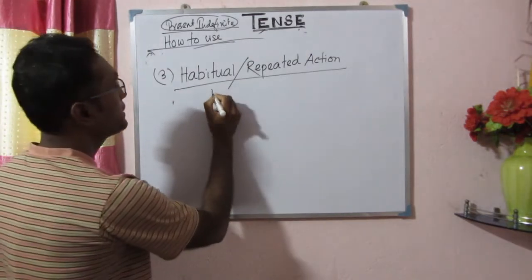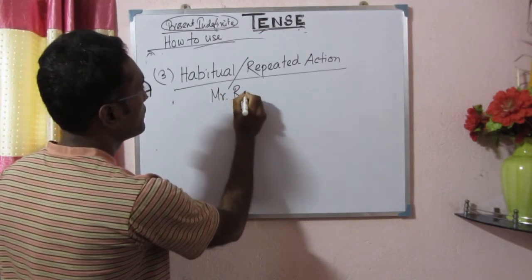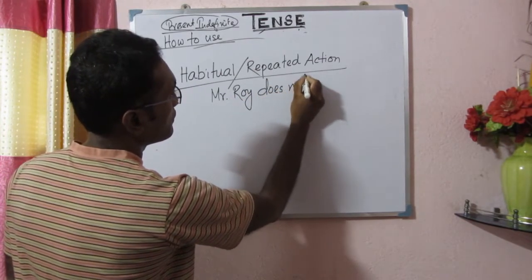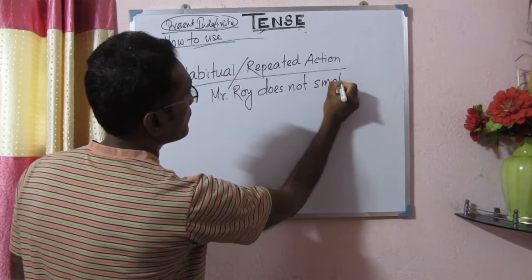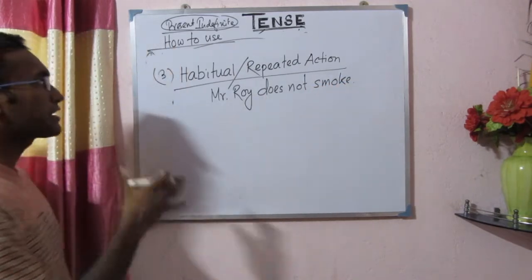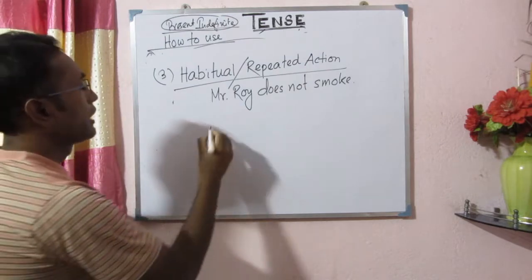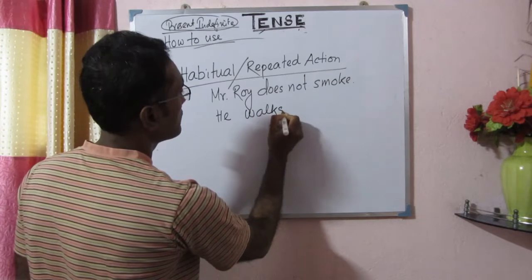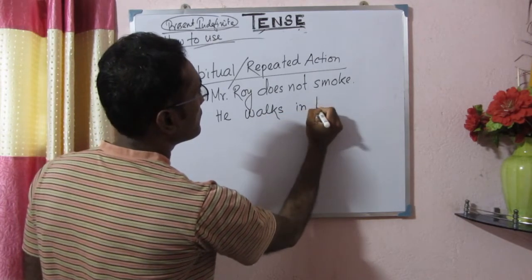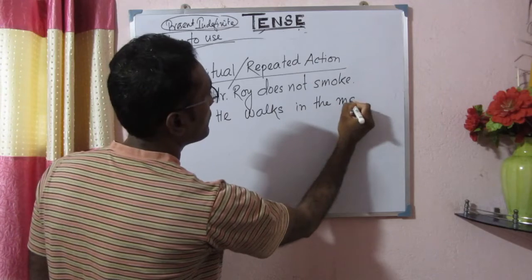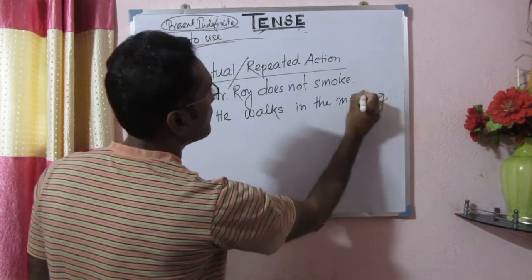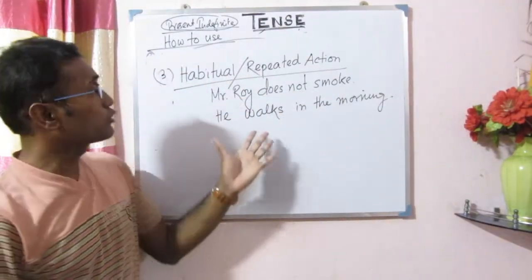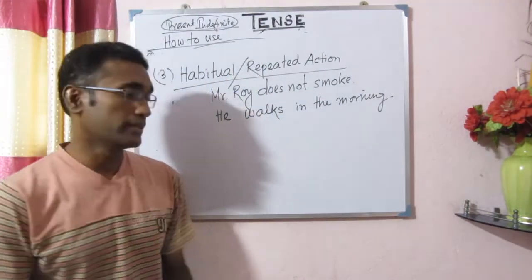If I say Mr. Roy does not smoke, it's a repeated action or habit. If I say he walks in the morning, it's also in present indefinite tense.